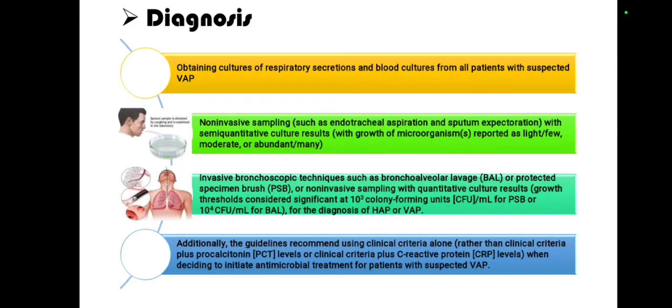How can we diagnose it? We have non-invasive sampling and invasive sampling. Non-invasive, such as sputum expectoration and blood cultures, and invasive bronchoscopic techniques like bronchoalveolar lavage or protected specimen brush.